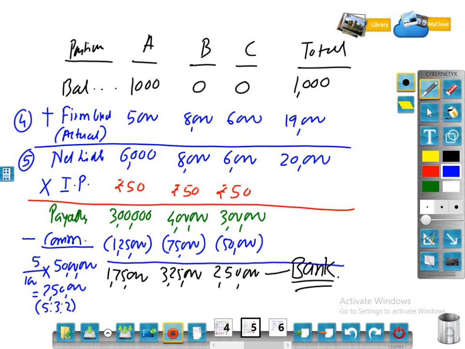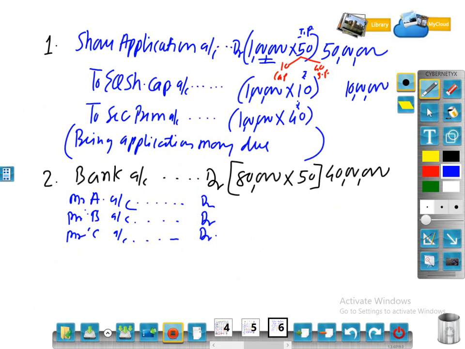What is that net liability? 6,000, 8,000 and 6,000. This 20,000 share application money will be due from whom? From the underwriters. So here total 3 lakh, 4 lakh and 3 lakh. That is going to be receivable.